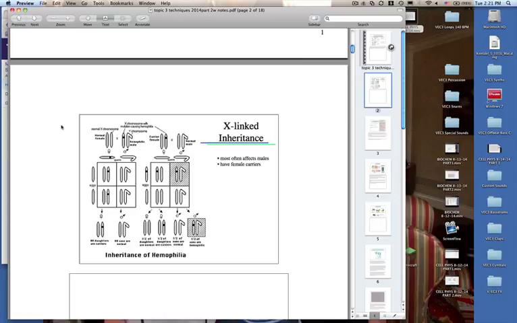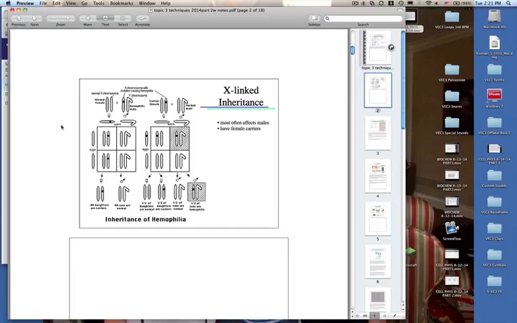Others of her organs could have a good copy being expressed. It completely depends upon at what stage during development you get that inactivation occurring. So that's kind of a cool phenomenon, which we'll talk about more later. But I just want to make you aware that women, females, can absolutely show the signs of genetic X problems as well. They're not nearly as often as males showing the phenotype, but they can do that.